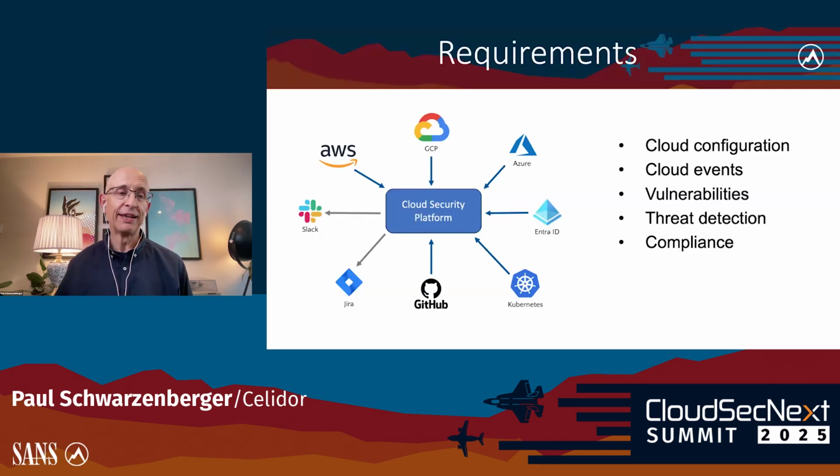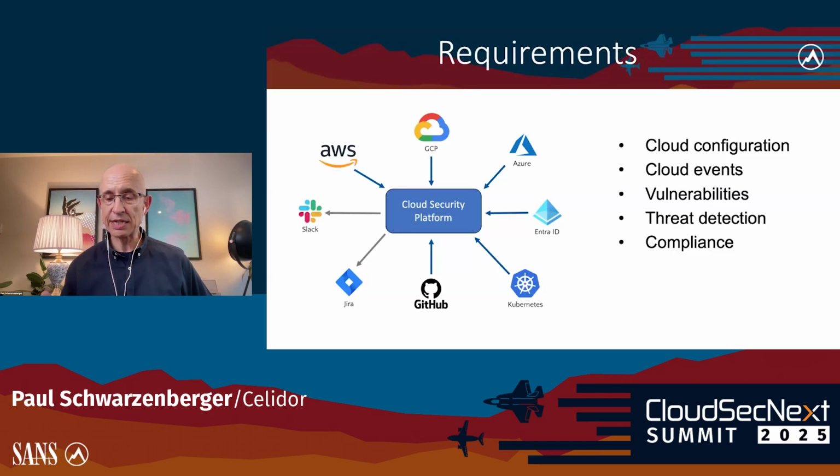So this could be the classic case of looking for a storage S3 bucket that's open to the world, or it could be looking for a virtual machine in Azure that is running Windows and has RDP ports open from the entire internet. So looking for those sorts of misconfigurations, that's certainly pretty much always a requirement for these platforms. But it's about a lot more than that now.